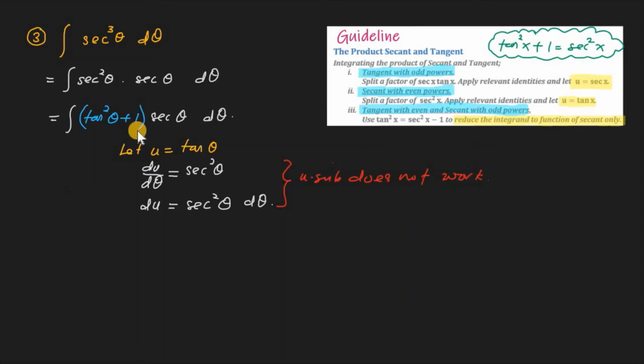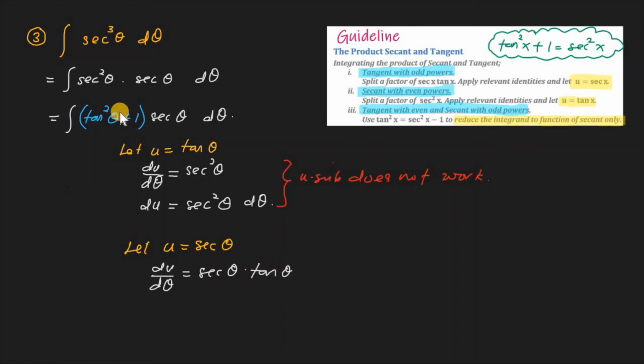Maybe you try again. Let's say u is secant, and here we have tangent square. If u is secant, the derivative of a secant, look into your formula list, is secant tangent.